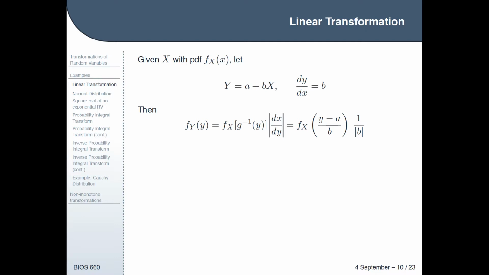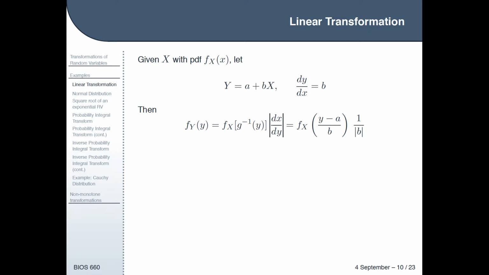So the formula for the distribution function of y is, once again, the distribution function of x evaluated at the inverse of y, which in this case is y minus a divided by b, and then multiply that by the derivative of the inverse with respect to y.